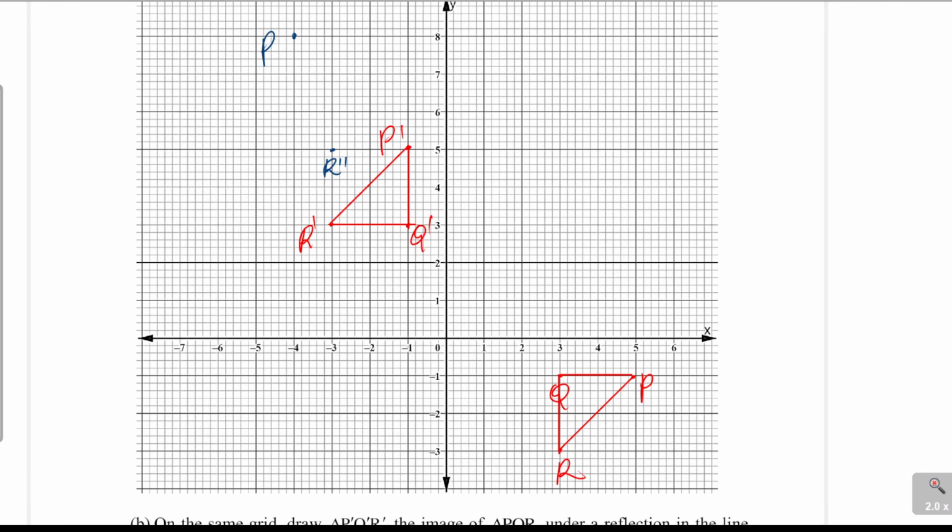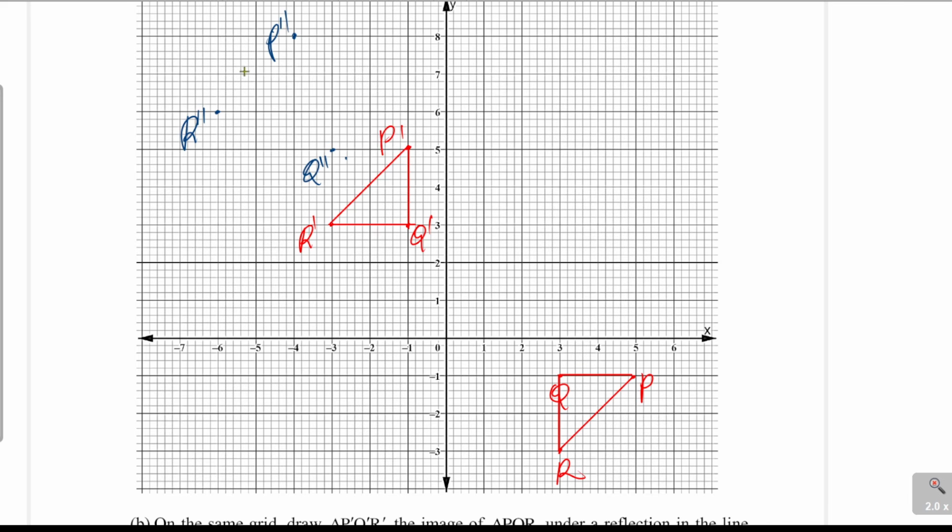Now this is Q double prime, this is P double prime. And then R, negative 6, 6 is there. So there we have it.